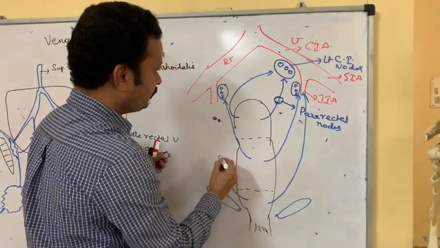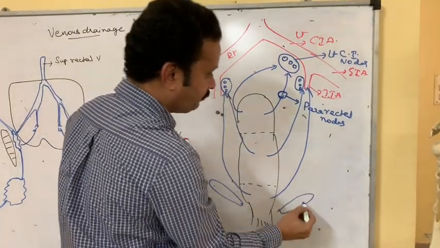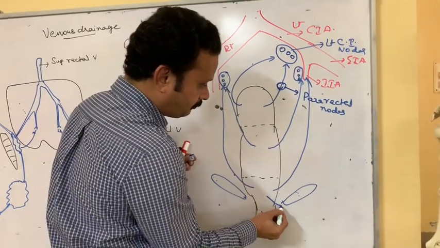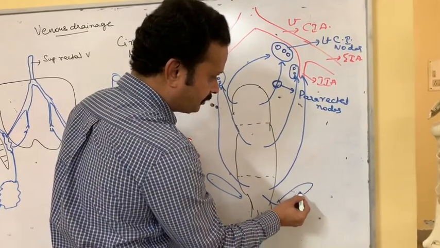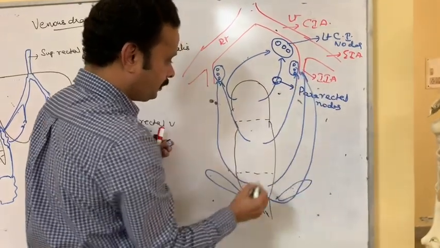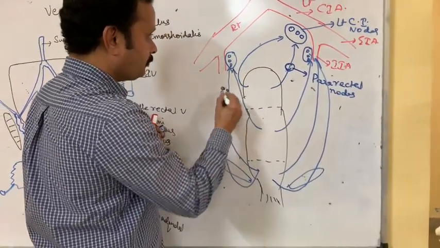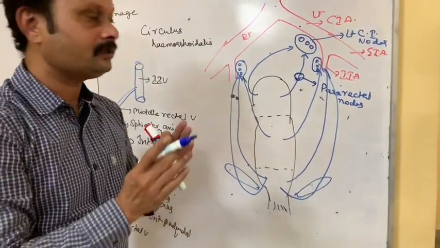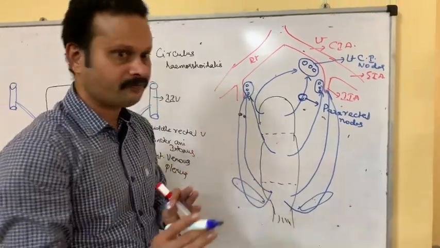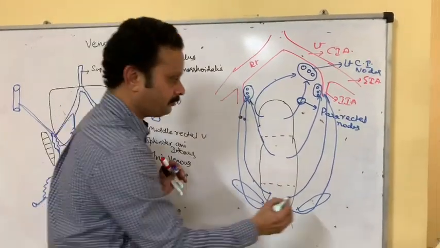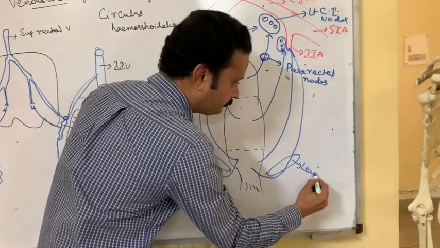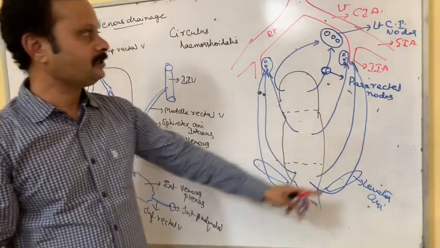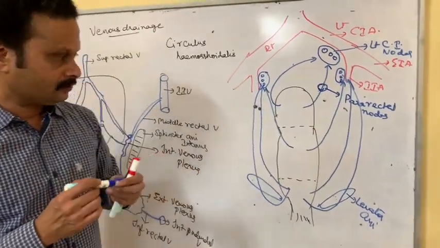One set of lymph vessels passes in front of the levator ani muscle, and another set of lymphatics passes below, pierces the muscle, and then drains into the internal iliac nodes.